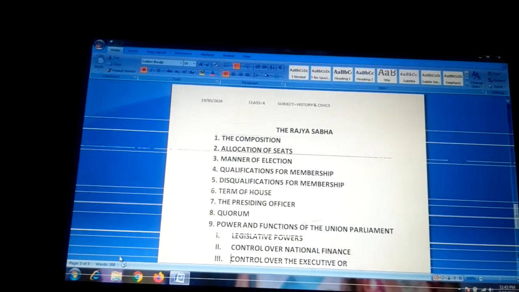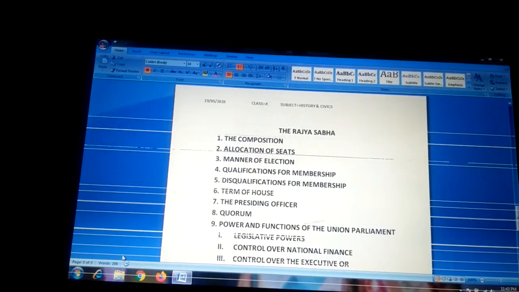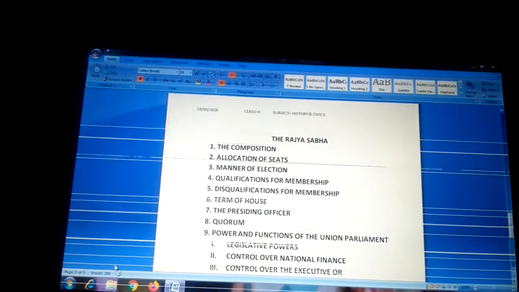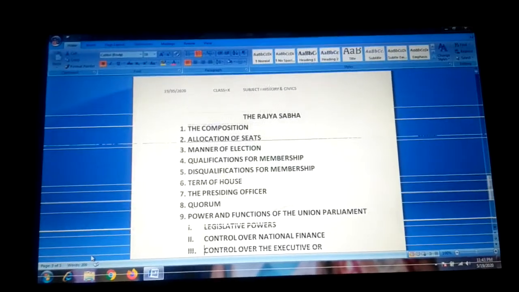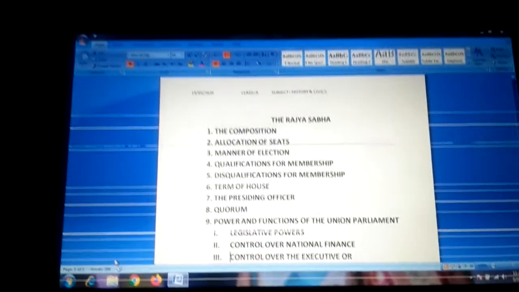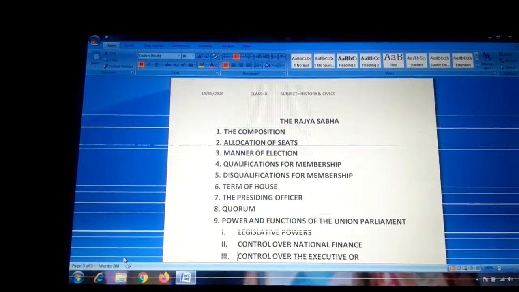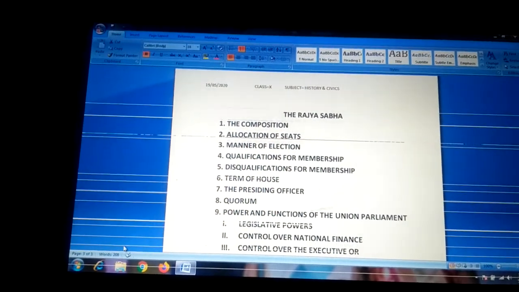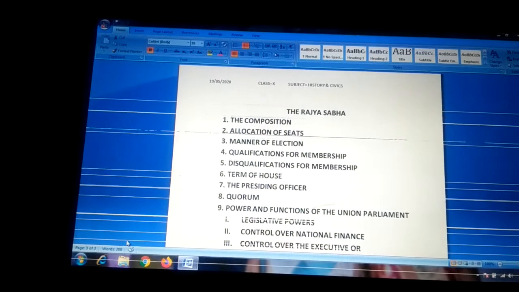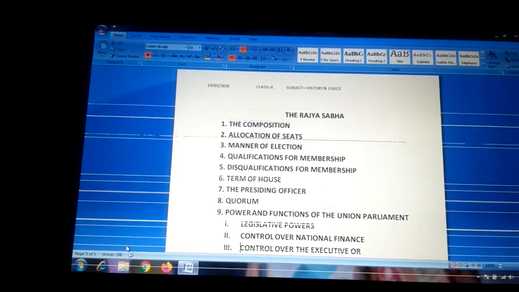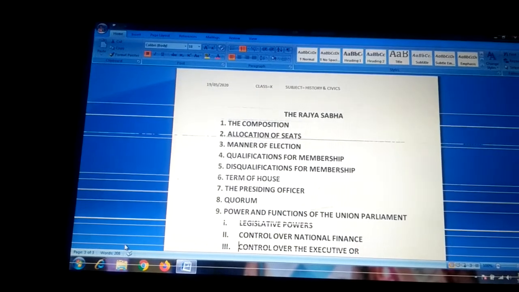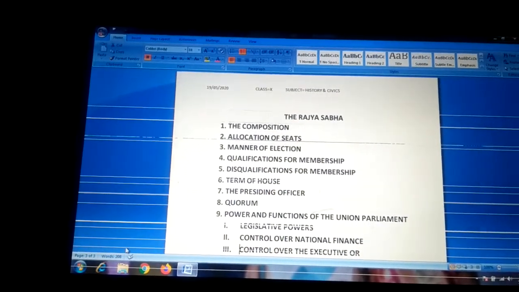But it is clear that the intention of the makers of the Constitution was to make the Lok Sabha a predominant chamber, and it was in harmony with the true spirit of democracy, because members of the Lok Sabha are elected directly by the people.